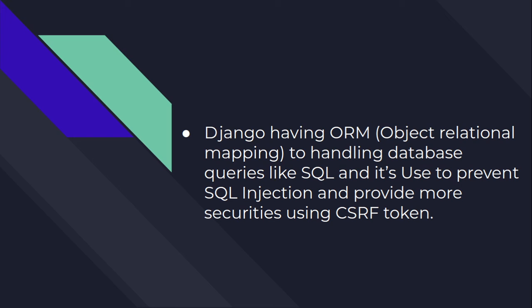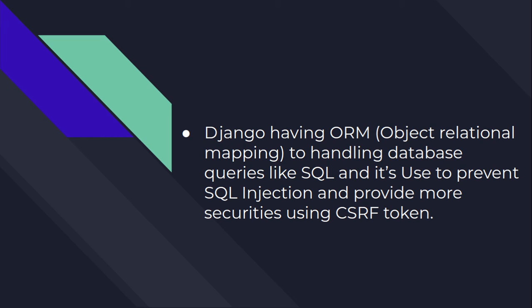Another feature is that Django has the ORM. ORM is useful for handling database queries, and ORM is basically an object relational mapping. So how is this ORM useful? Whenever we want to use a different type of database system inside of our Django project, the SQL queries might be different according to the database system.